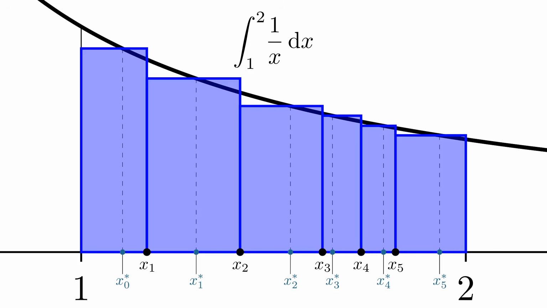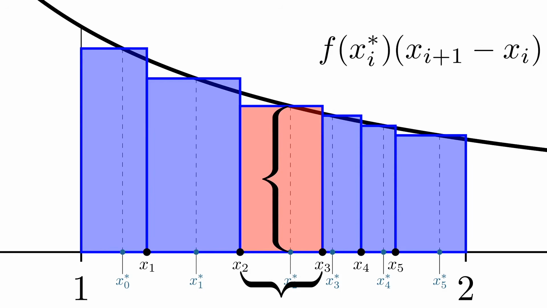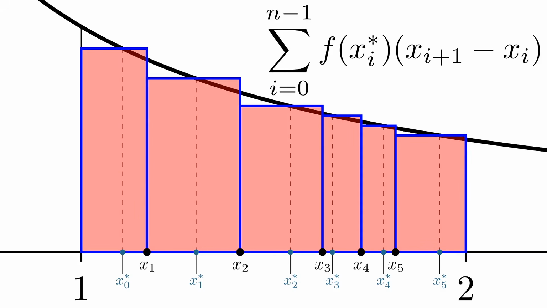The area of the ith rectangle is going to be the length of the ith segment times the value of the function at xi star. That is, it's going to be f of xi star times x sub i plus 1 minus x sub i. To get the total area of all of the rectangles, we need to take a sum as i goes from 0 to n minus 1 of this quantity.